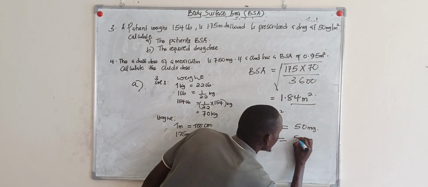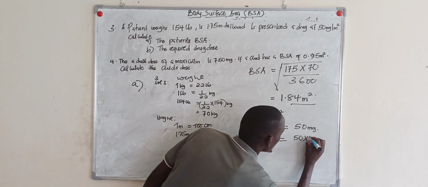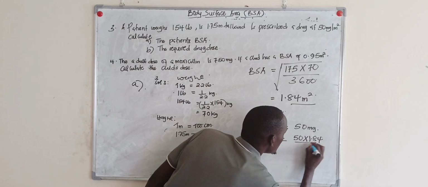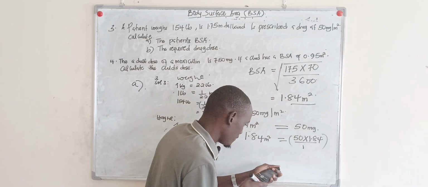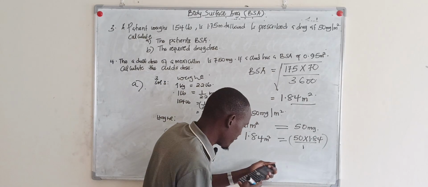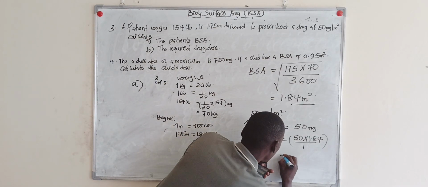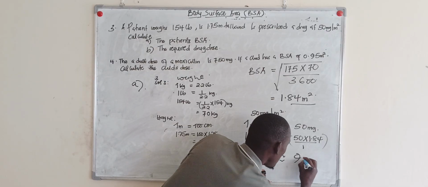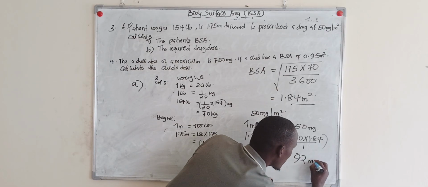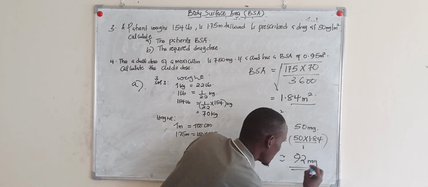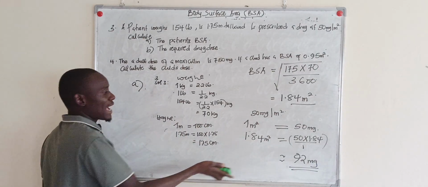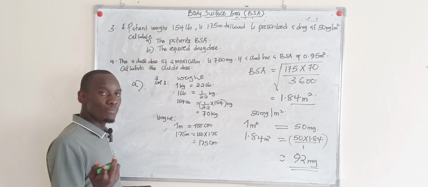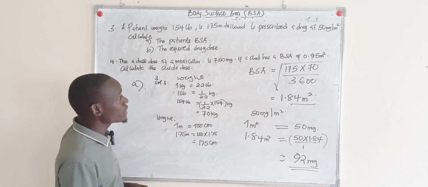This will give us 50 times 1.84 divided by 1. And when we multiply that, we are going to get approximately 92 milligrams as the dose required in that case. And this is the answer. I hope you have gotten the same answer with me.